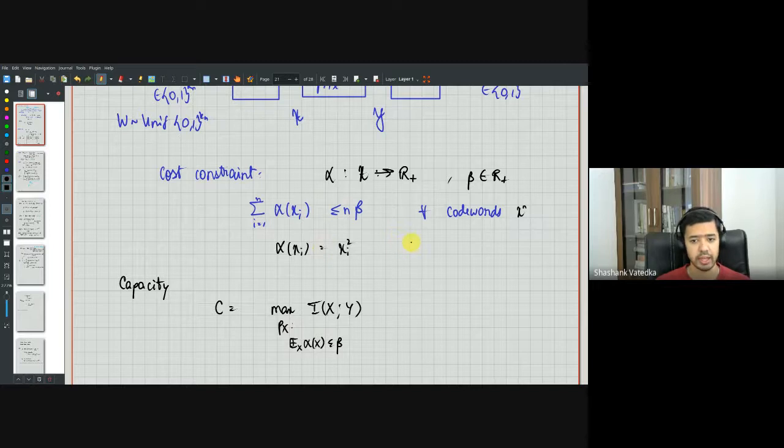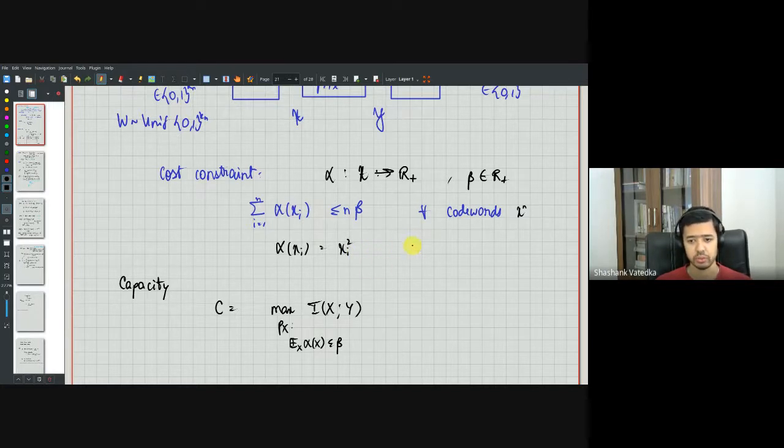Sometimes you also have an average power constraint, by which I mean that you don't want all the code words to satisfy this particular inequality, but on average, when you average over the randomness of the message, this constraint is satisfied.